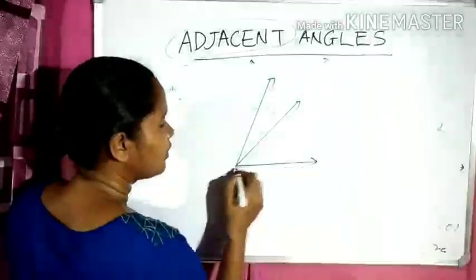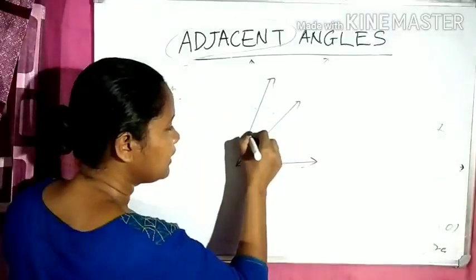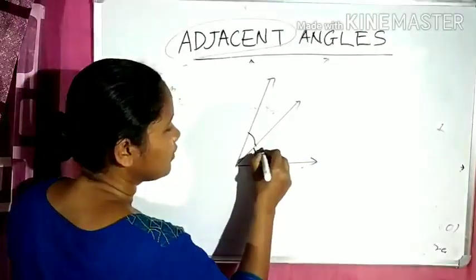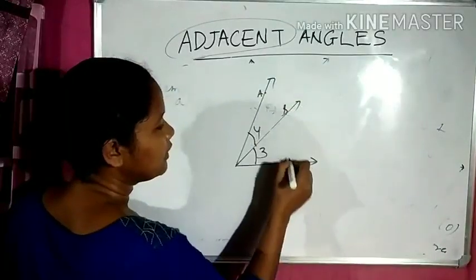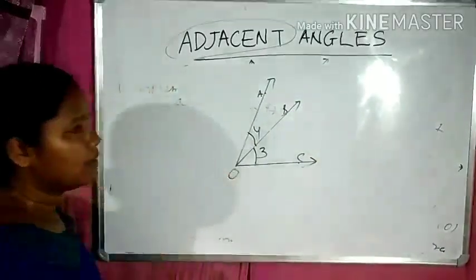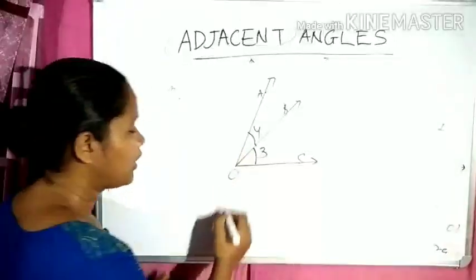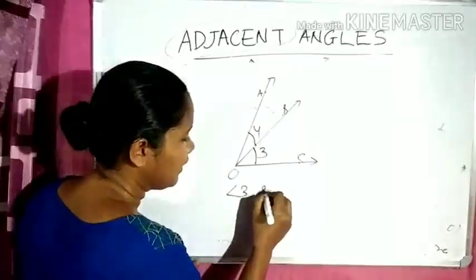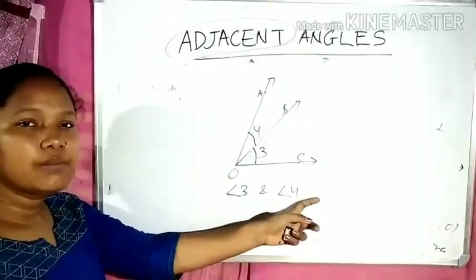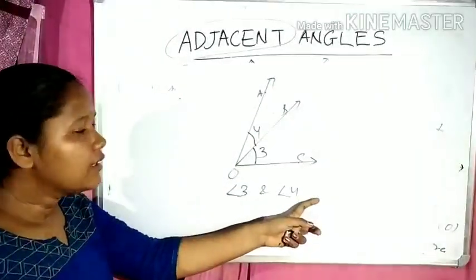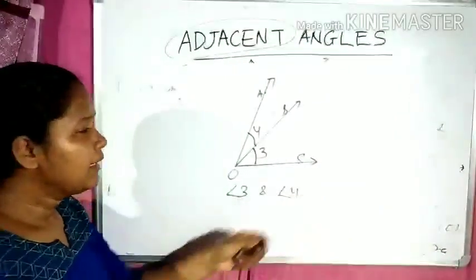These are less than 90 degrees. Angle 3 and angle 4, with points A, B, C, O. These are both acute angles, which measure less than 90 degrees.